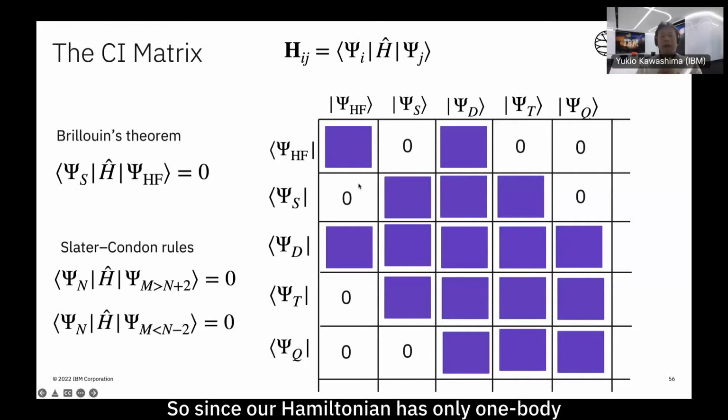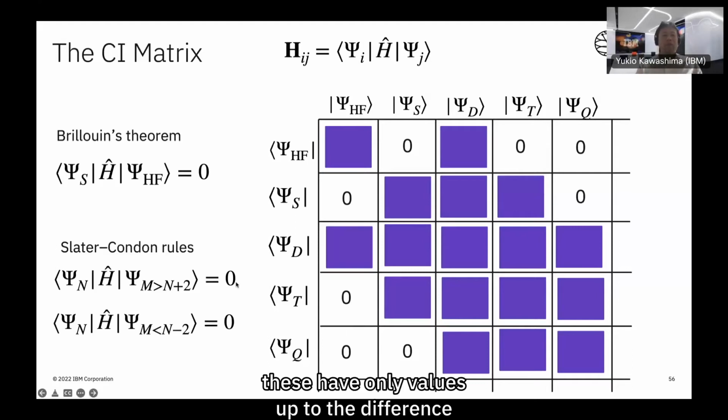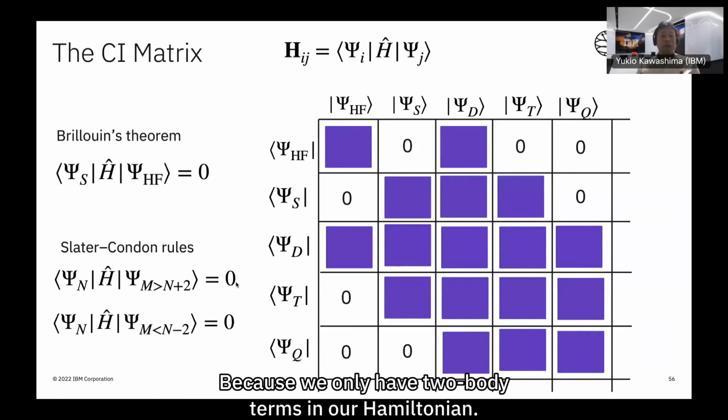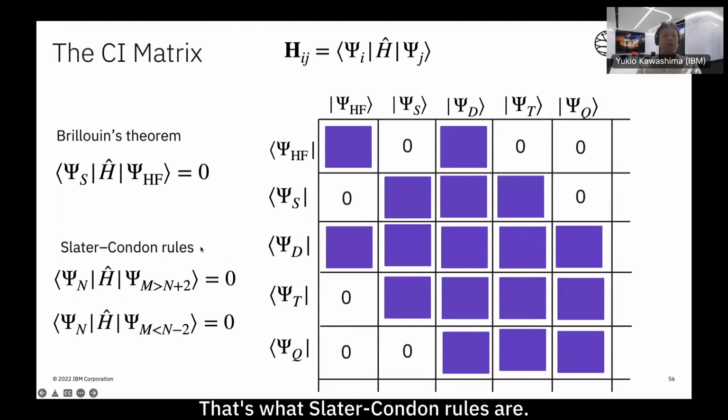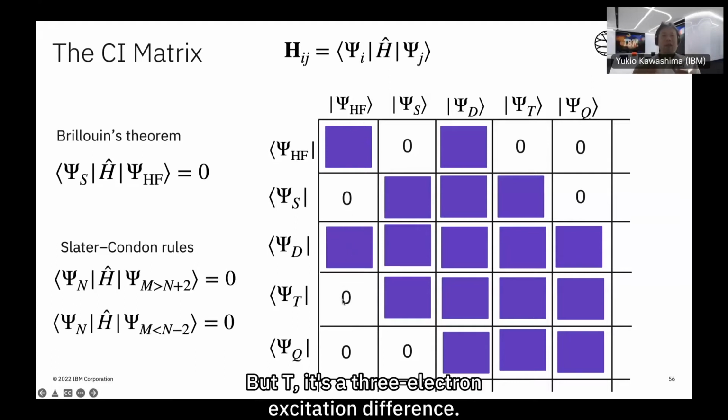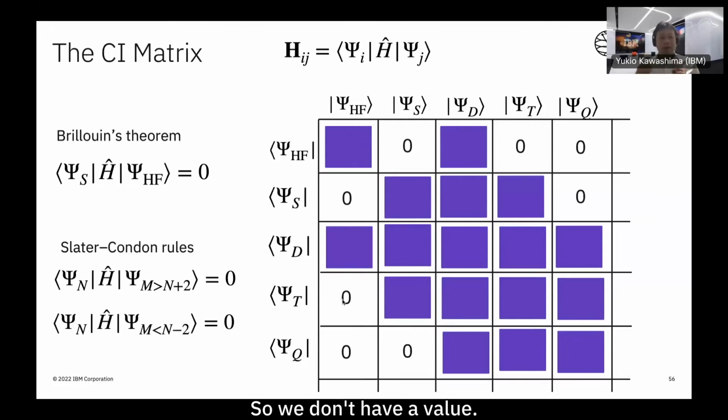Since our Hamiltonian has only one-body and two-body terms, these have values only up to a difference of 2 electron excitations, because we only have two-body terms in our Hamiltonian. So if there's a 3 electron excitation difference, then it won't have a value. That's what the Slater-Condon rules are. So if you see Hartree-Fock, up to D, we have a value. But for T, it's a 3 electron excitation difference, so we don't have a value.